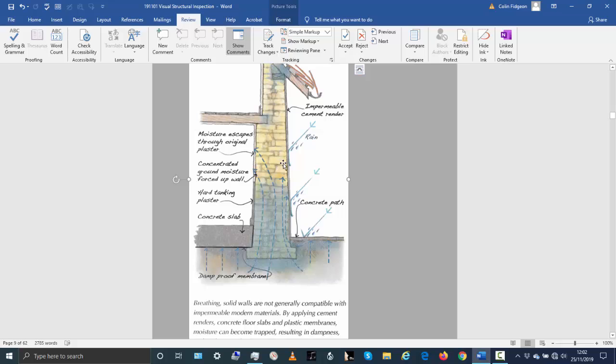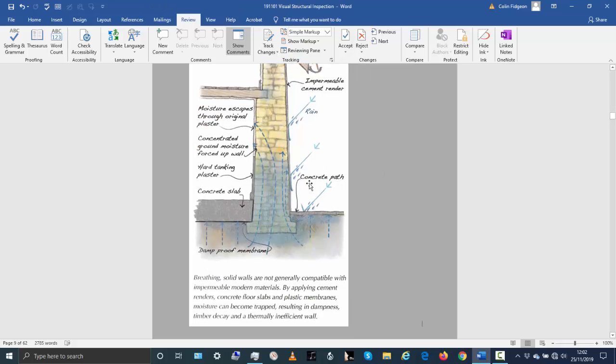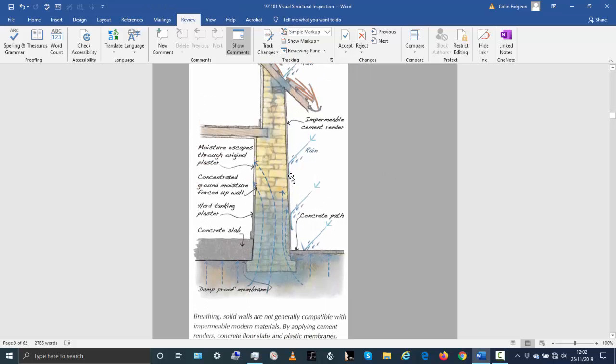So I always equate it to thinking about if you have a hole in your shoe. If you have a hole in your shoe, then your sock will get wet very, very quickly, but it can't dry out because it's not able to breathe.